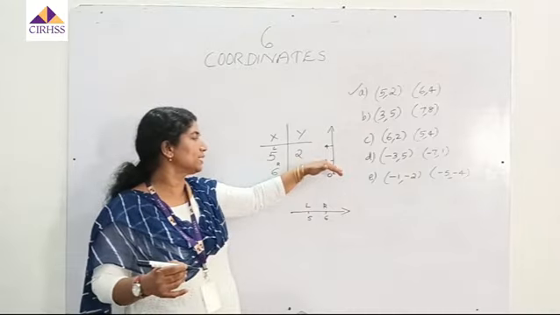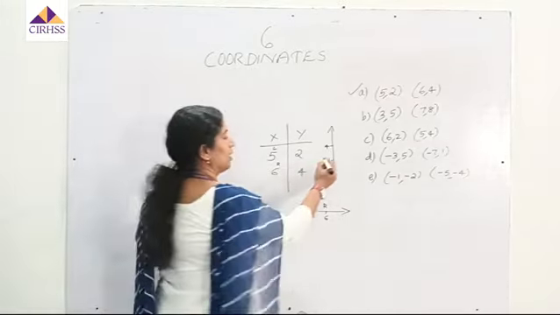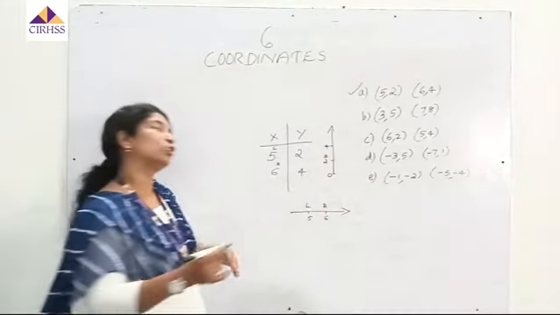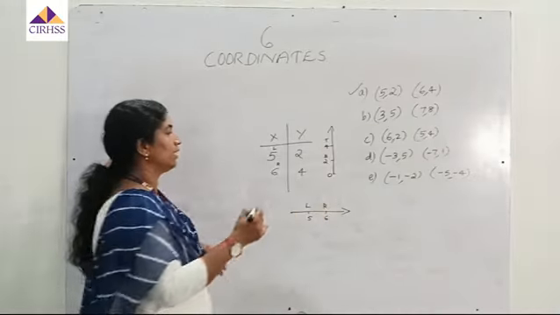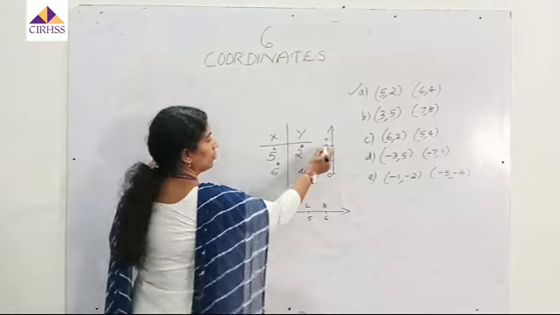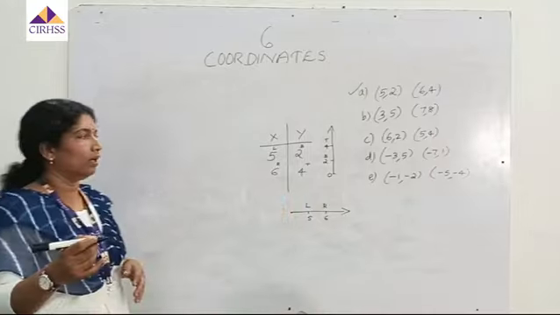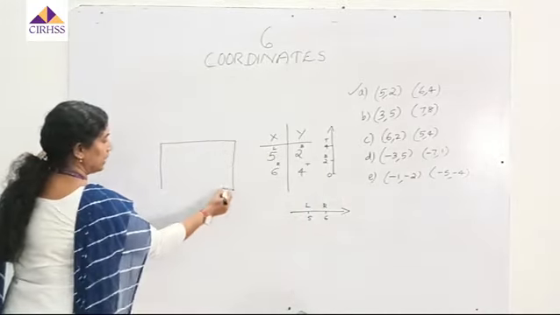Then 2 is in the bottom place, that is bottom, and 4 is in the top place, T. Then we write this as 2 bottom, 4 top. Next, draw a rectangle like this.